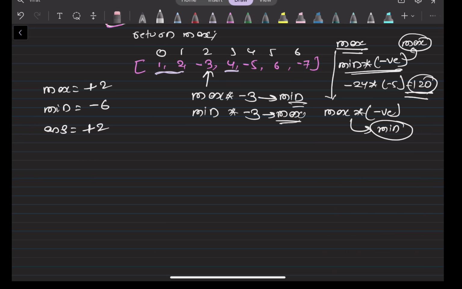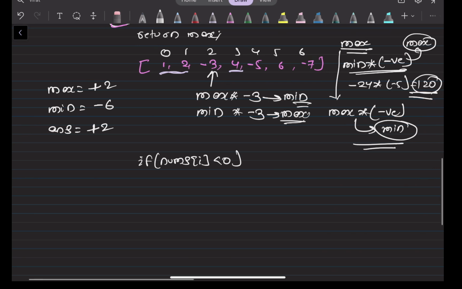We have already seen here, in max if we multiply by a negative it will become min, and in min if we multiply by a negative it becomes max. So can I say that whenever my nums of i is less than 0, swap maximum and minimum? Yes, we can do this by swapping the maximum and minimum number.